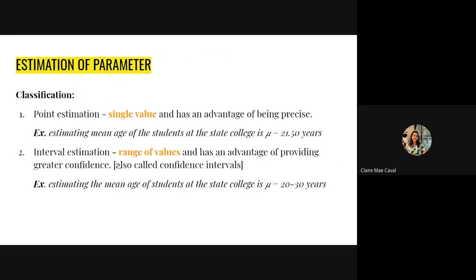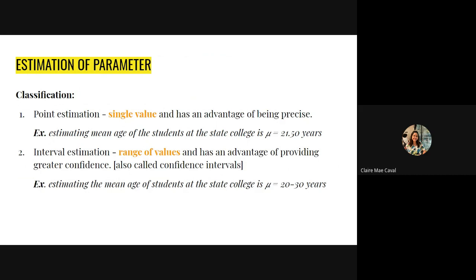When you say interval estimation, these are only a range of values and have the advantage of providing greater confidence. Don't worry, we'll discuss this in the next slide. Just remember, interval estimation is also called confidence intervals. When the confidence level is higher, it also has a bigger impact on your interval estimation.